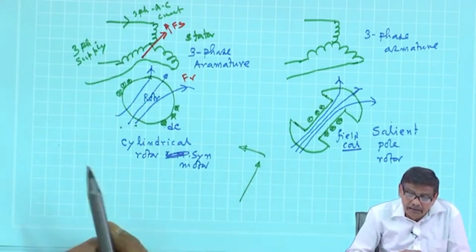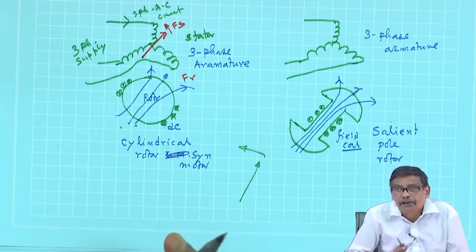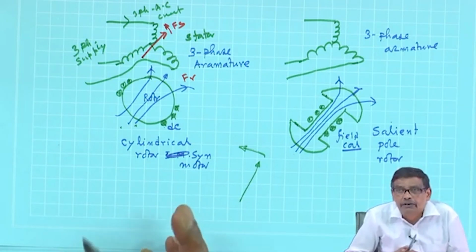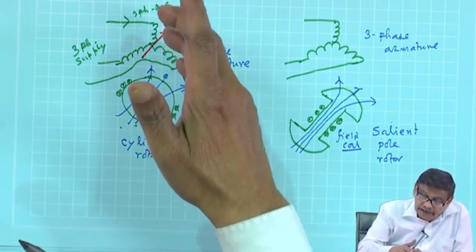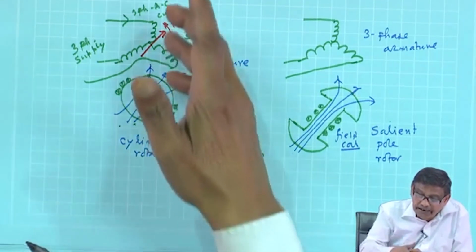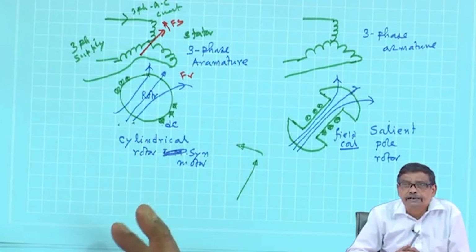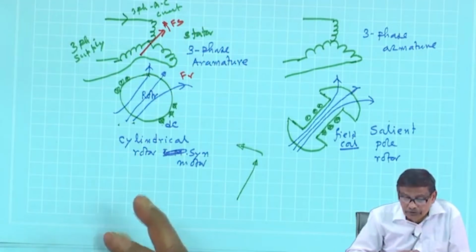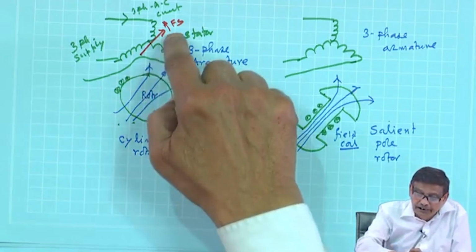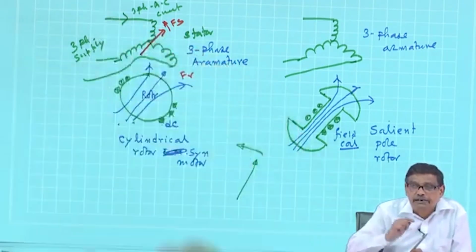because we know that for production of steady electromagnetic torque, the relative speed between the stator and rotor field must be 0. A stationary observer must conclude that both these fields are moving with the same speed.